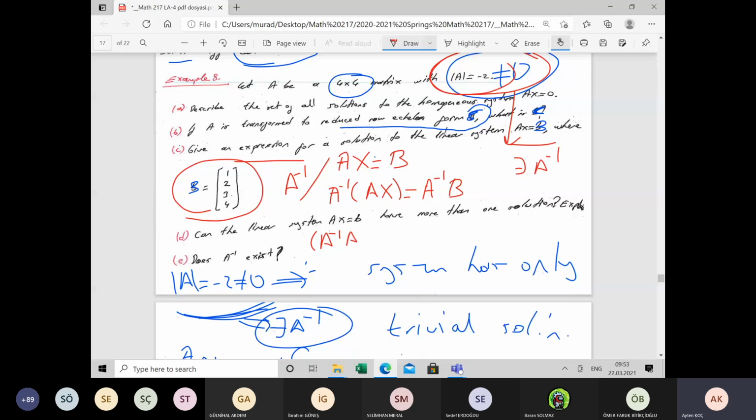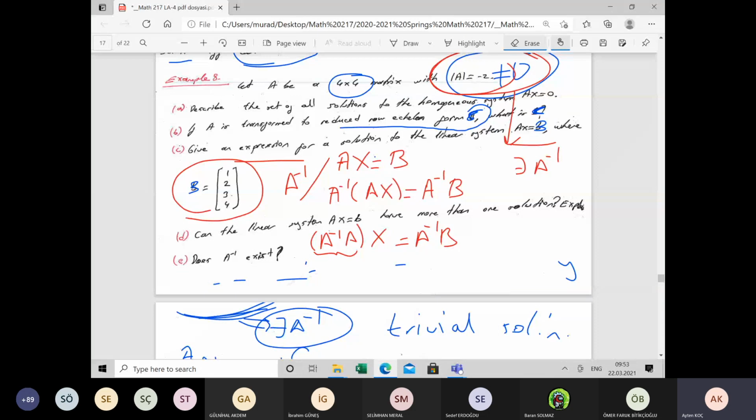We know that A times the inverse matrix, or the inverse matrix times A, is always the identity matrix, by the definition of the inverse matrix. So this one is the identity matrix times x, and this product is x.